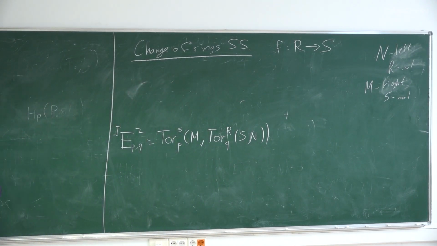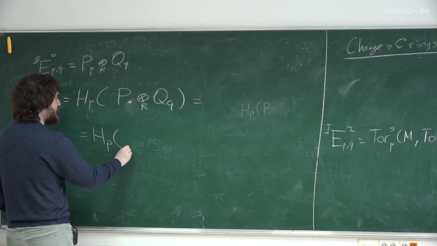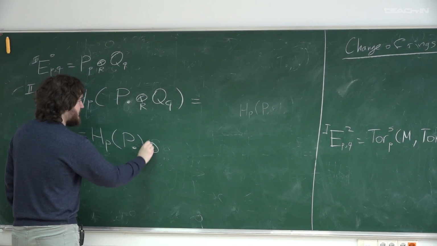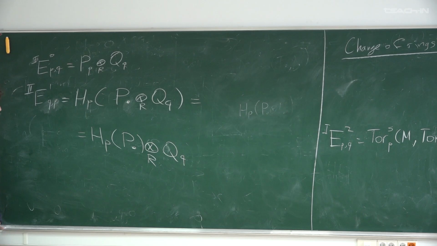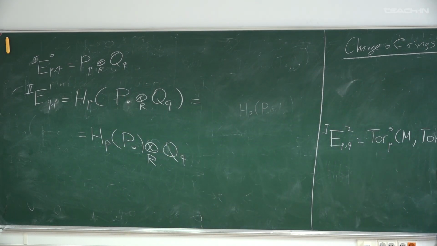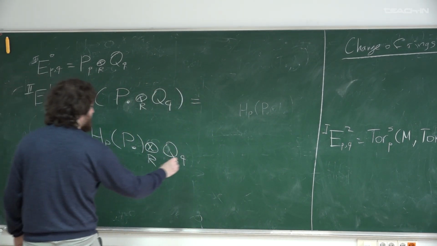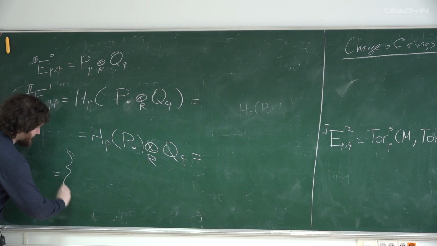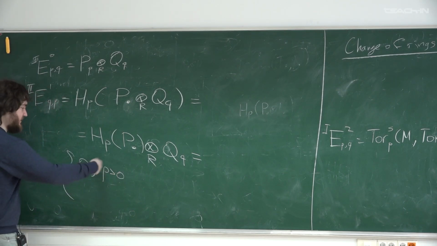It's projective, so it commutes with homology. Here it's a homology of a resolution. My P is an exact sequence of S modules, so in fact it has no homology except the zeroth one. So this is 0 if P is greater than 0, and less than 0 of course, since all our spectral sequences are in the first quadrant.